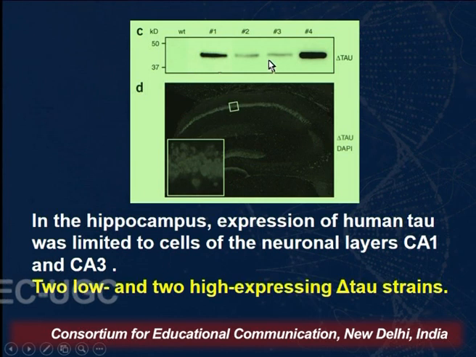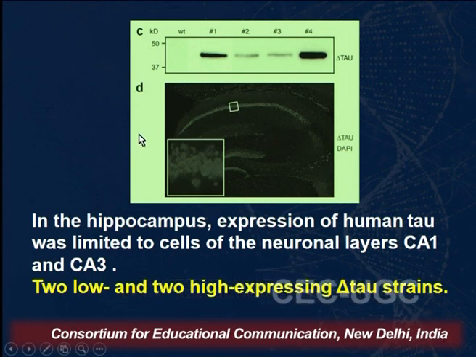Because it is a random insertion into the genomic DNA, it may be introduced into different regions where the expression can be hindered. So we have got variable expression types. And as you can see in this microscopy, in the hippocampus, the expression of human tau was limited to the cells of the neuronal types CA1 and CA2.